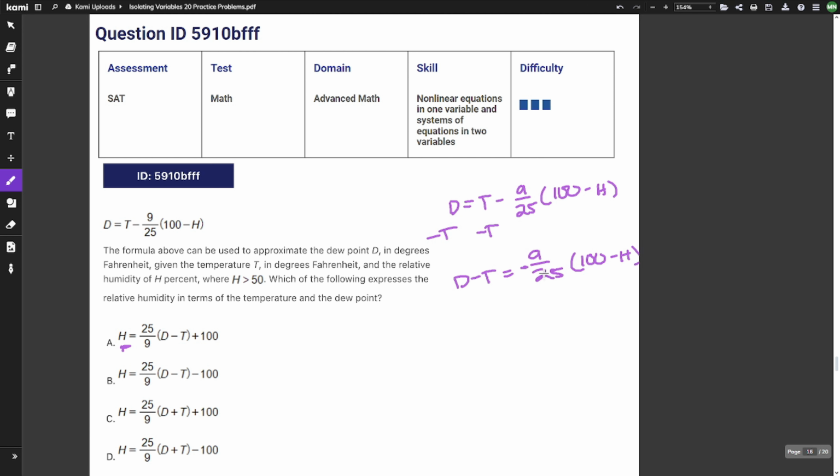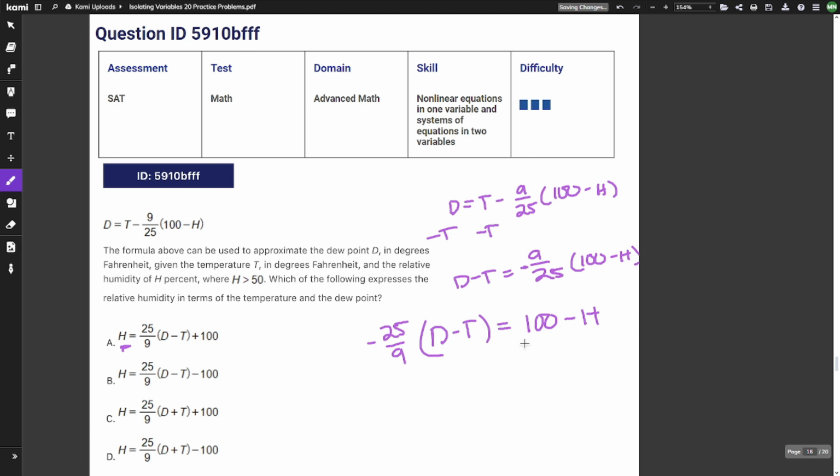And then we want to get rid of this negative 9 over 25. So we're going to divide by negative 9 over 25. But that is also equal to just multiplying by the reciprocal. So d over t times negative 25 over 9 is equal to 100 minus h.